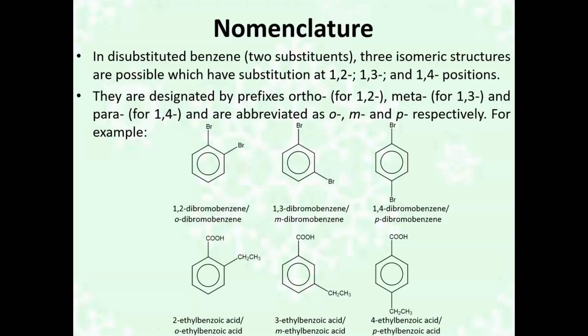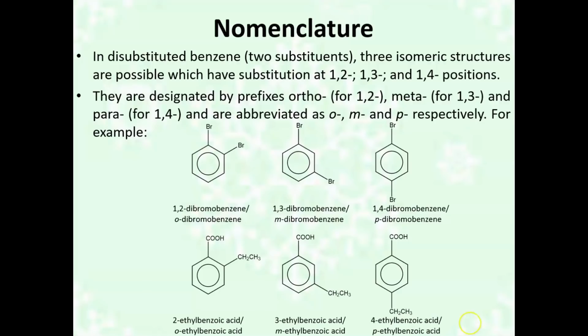It will be named meta if their positions are 1 and 3, and named para if their positions are 1 and 4. We can also use the short forms o-, m-, and p- respectively.